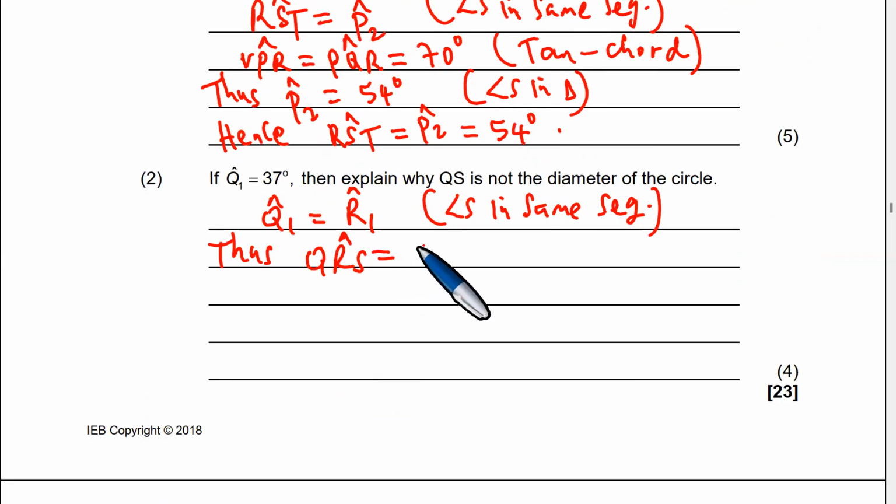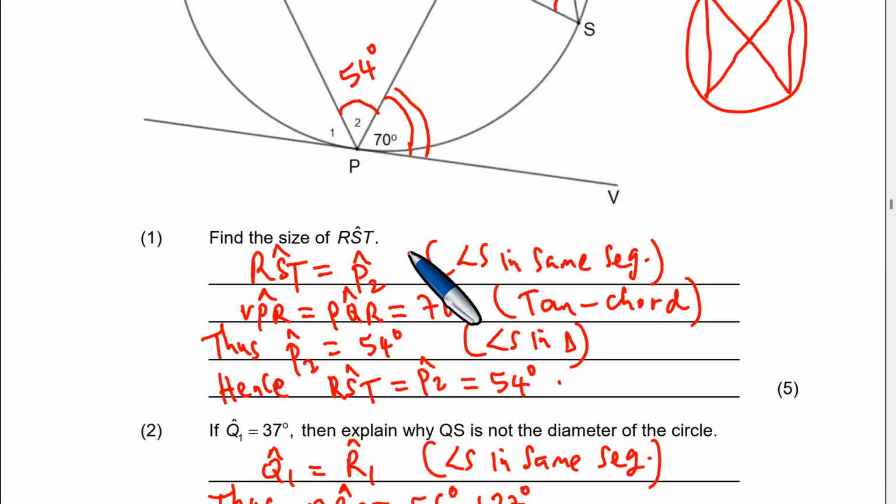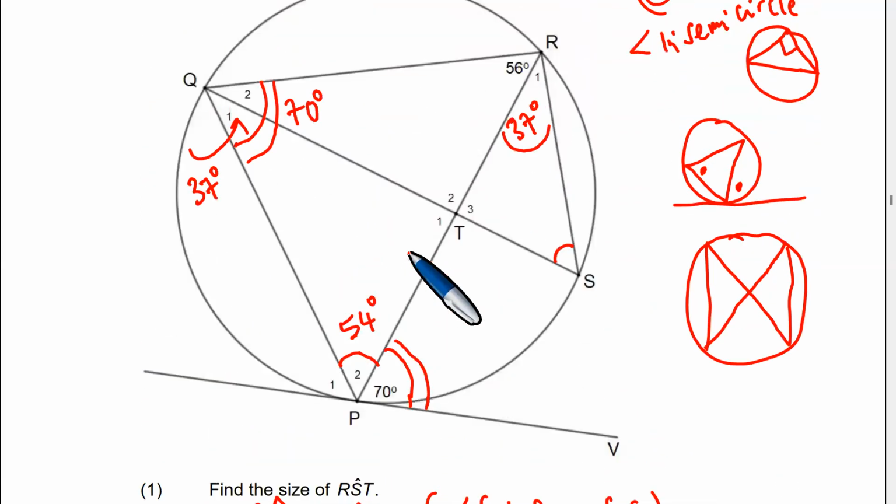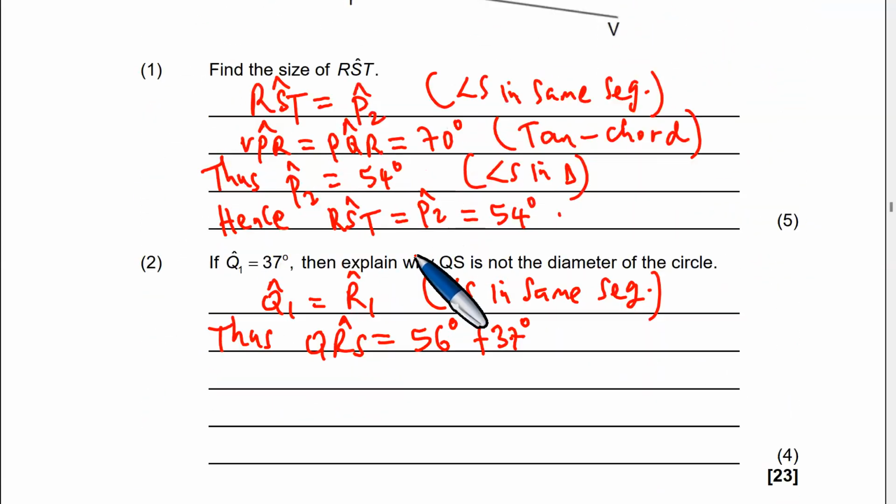Right, we want to state the size, so it is 56 degrees plus 37 degrees. Okay, so you can say Q1, even here you can start by saying Q1 equals 37 degrees. So we have that R1 is actually 37 degrees, and therefore you can add these two.